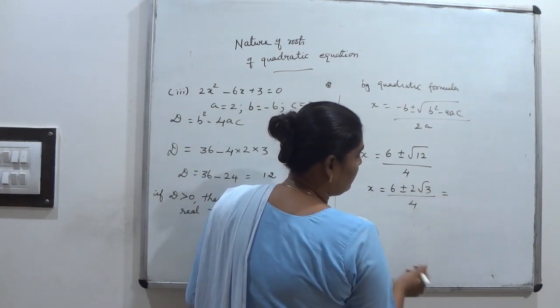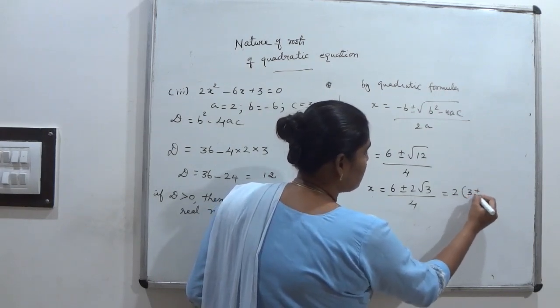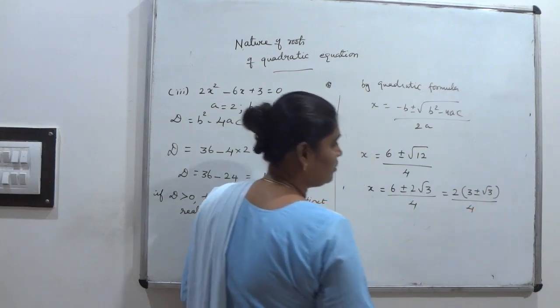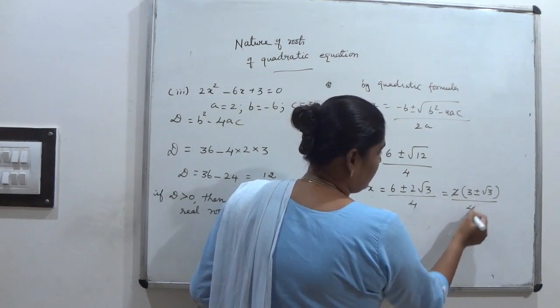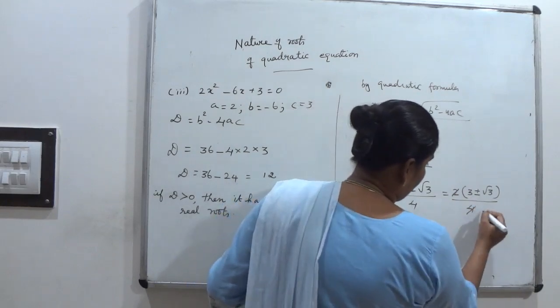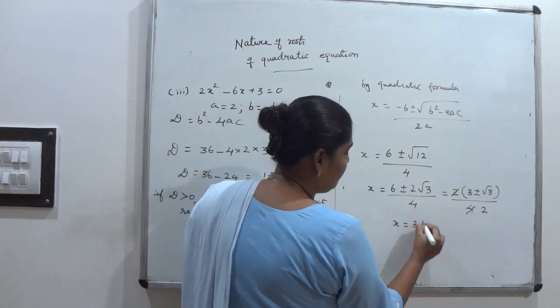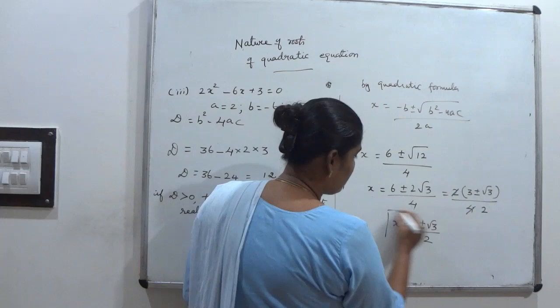Here in numerator, what we can take out commonly? 2. So 3 plus or minus root 3 upon 4. Multiplied by 2 and divided by 4 2 times. So x is equal to 3 plus or minus root 3 upon 2. That is your answer.